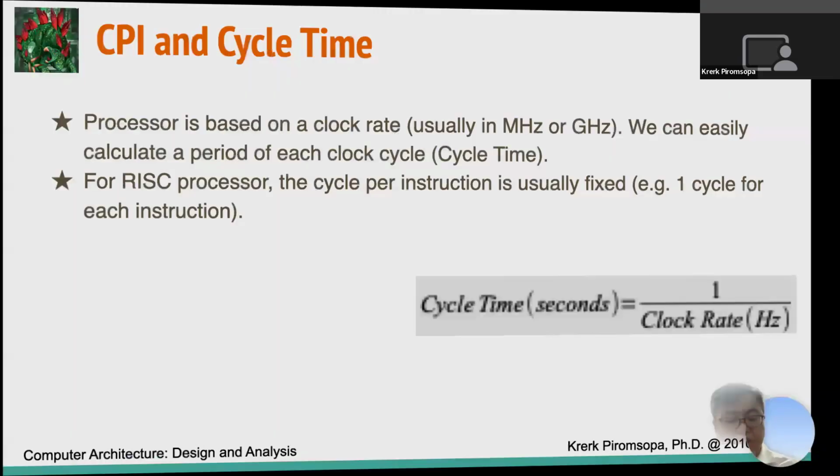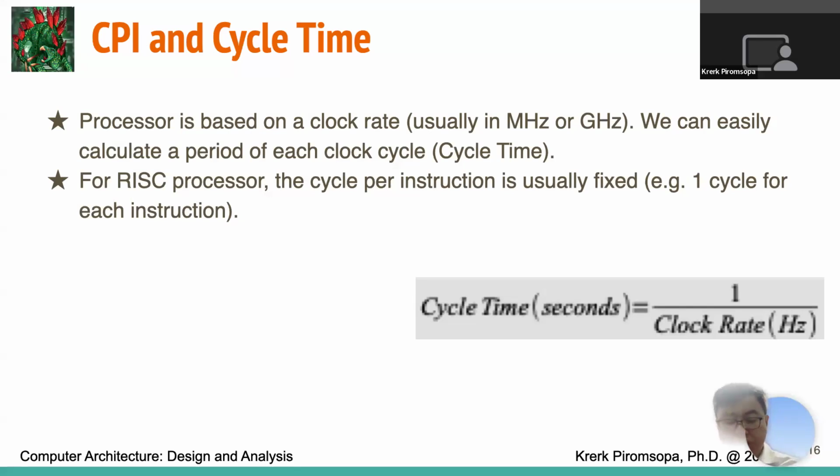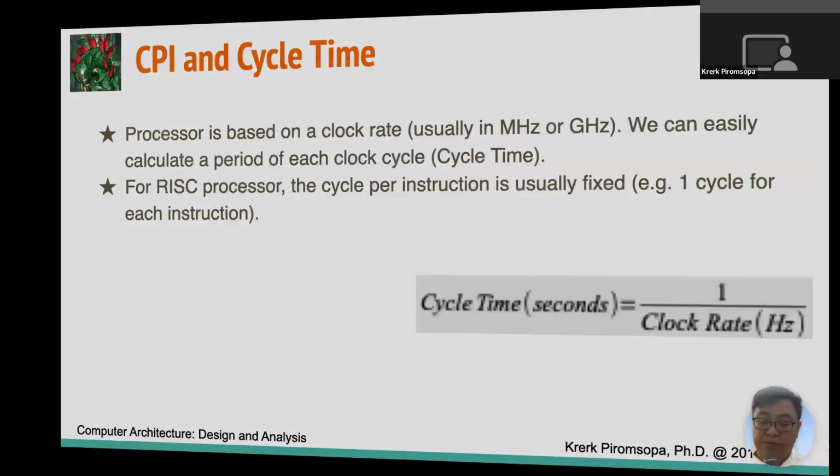Yeah, that's basically the things that I explained. And for some processors, it can be that we have CPI equals 1, so that the speed of the CPU would likely depend on the gigahertz or megahertz of the clock that we put in.